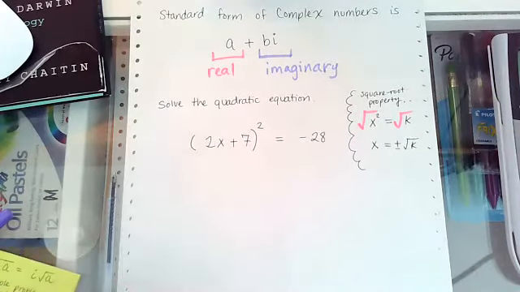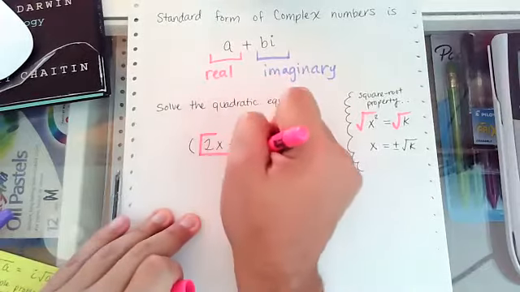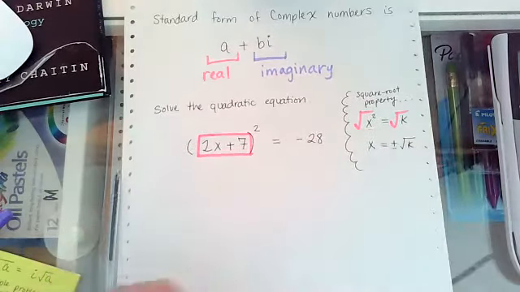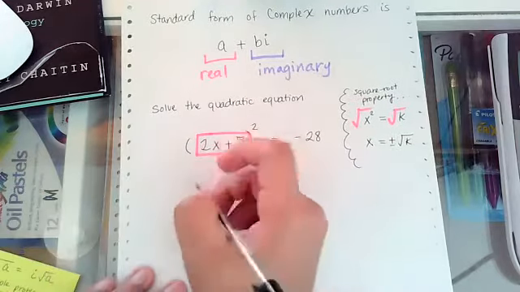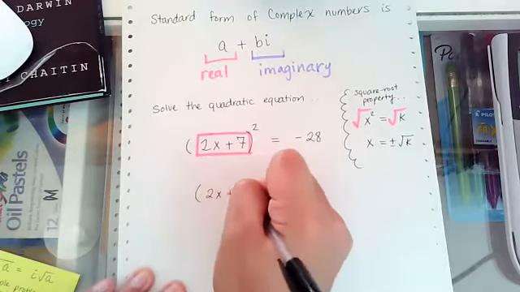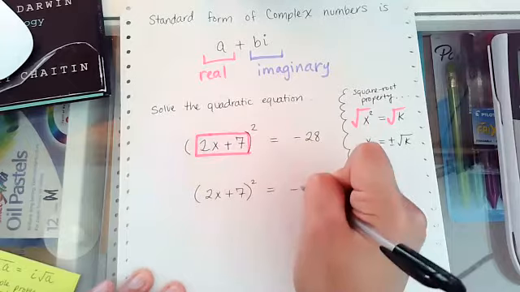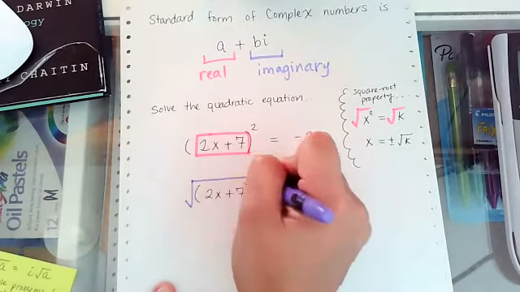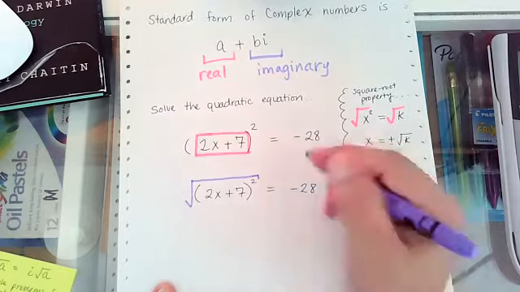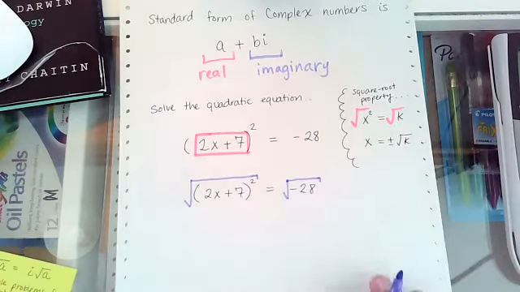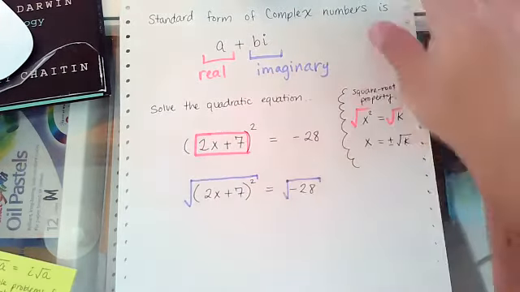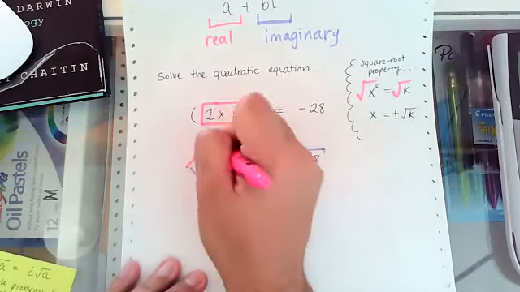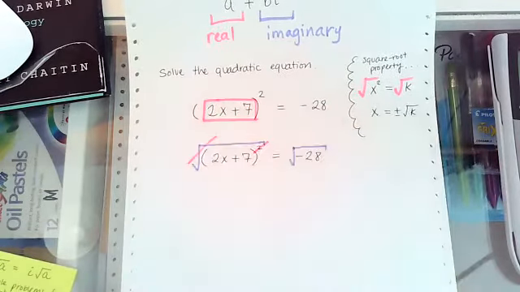So for now, I'm going to treat this whole thing like it's our variable x. So 2x plus 7 squared is equal to negative 28. What I can do is take the square root of this whole side and the square root of this whole side. And now I know that the square root and this square will cancel out.